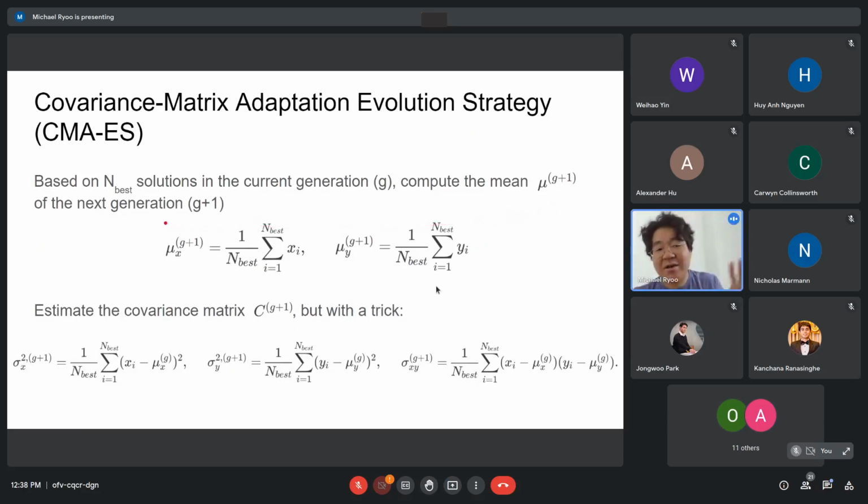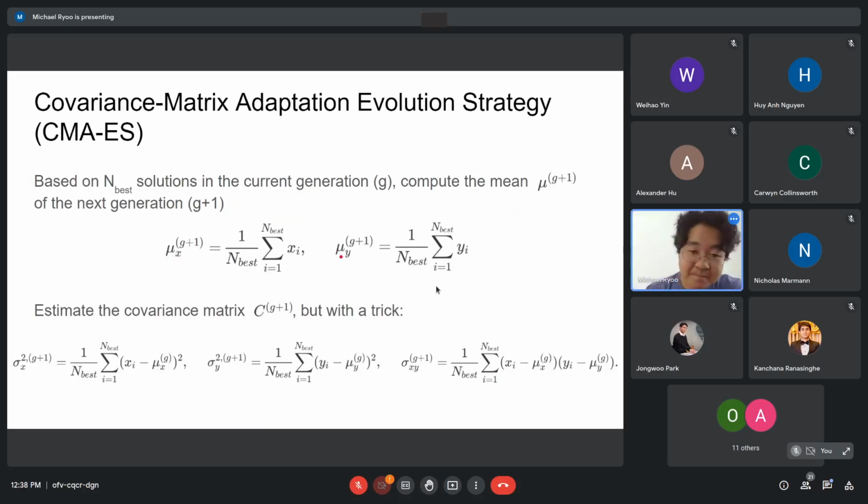So so far, this is exactly identical to the simple evolutionary strategy, maintaining everything in terms of a Gaussian distribution. So we maintain the population in terms of the Gaussian distribution. We select the best ones. Well, not the single best one. We select the n best ones, and then compute the mean out of such n best ones, and set it as x mean and y mean.